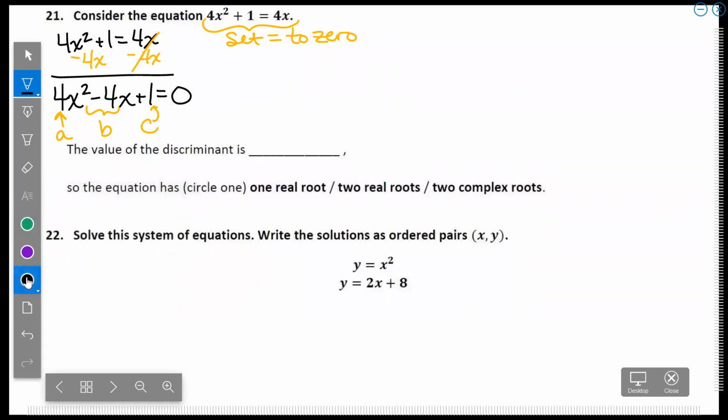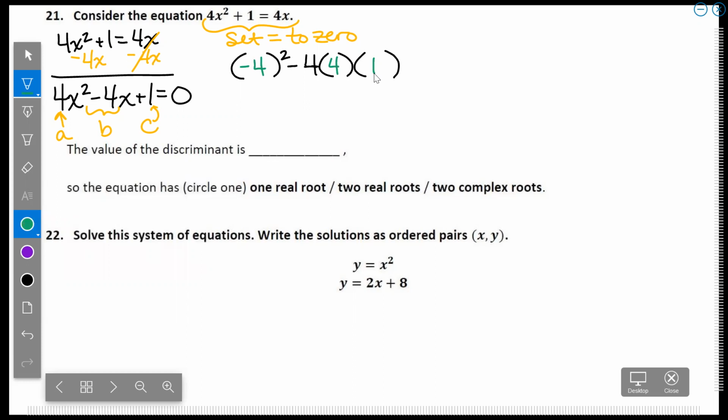All right, b squared minus 4ac time. Be really careful about this. Make sure anytime you do a substitution, you are putting it inside parentheses, including in your calculator. B is -4, A is +4, and C is +1. -4 squared.